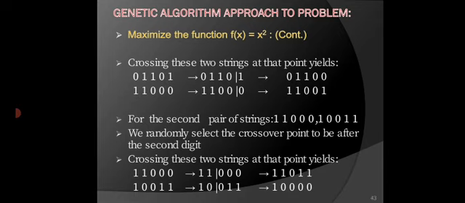So crossing these two strings at this point yields these values. For the second pair of strings, these two, we randomly select the crossover point to be after the second digit. So after the second digit, we select the crossover point. Okay.